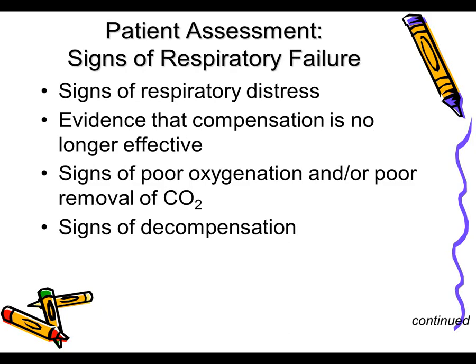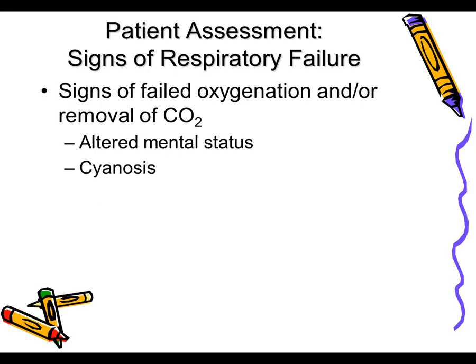So signs of respiratory failure include all the same signs of respiratory distress, and then evidence that the compensatory mechanisms are no longer working. That would include cyanosis, poor O2 sats, high end tidal CO2s, and altered mental status.